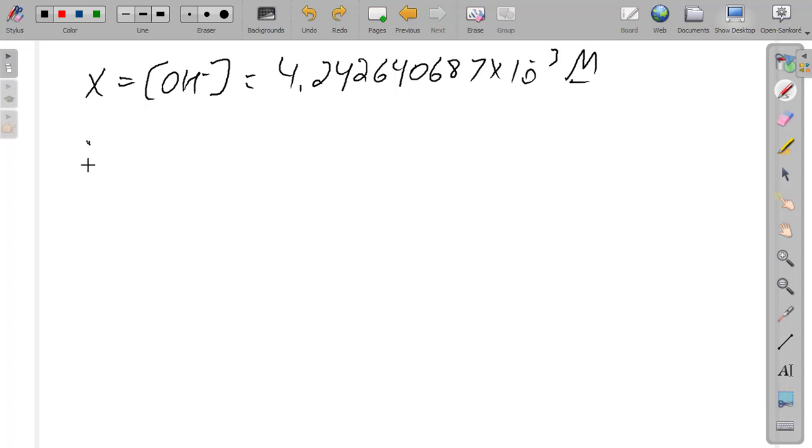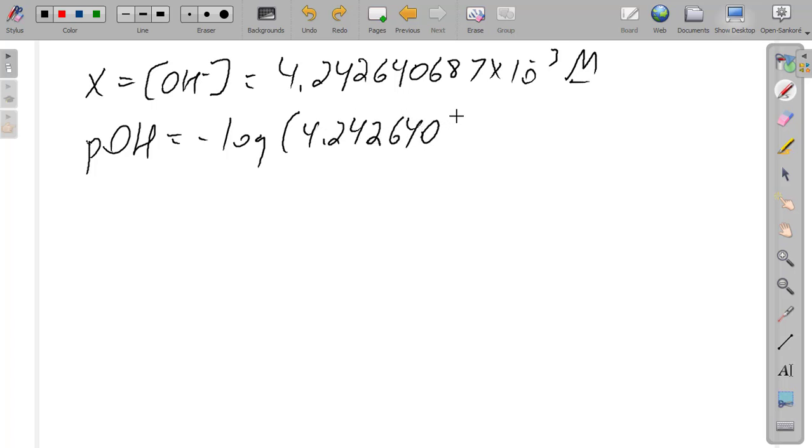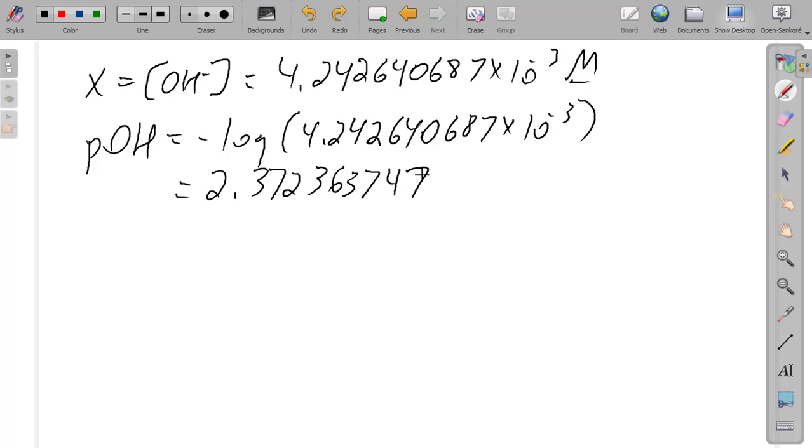All right, so pOH is going to equal negative log 4.242640687 times 10 to the minus 3, and that's going to give us a value of 2.372363747. And again, close enough on calculator. If you got something slightly different, it should be at least pretty close to that, right? So now, that's our pOH.